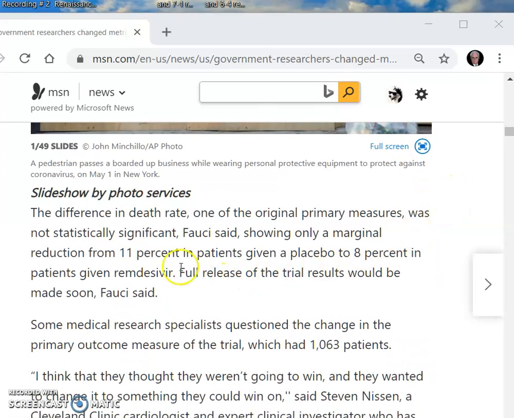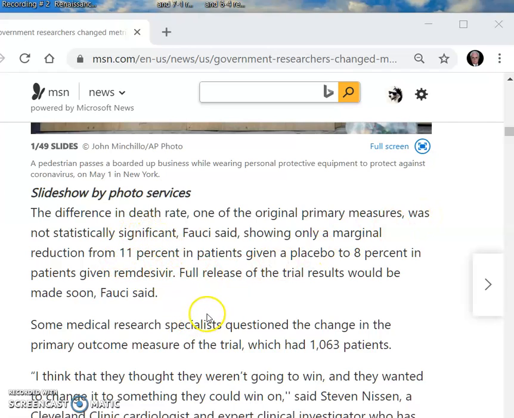Now, down here, they do talk about significance. So now they're talking like responsible adults here. They know what they're talking about. They say the difference in death rate, which is one of the original primary measures, so if the random variable is death rate, the difference was not statistically significant.